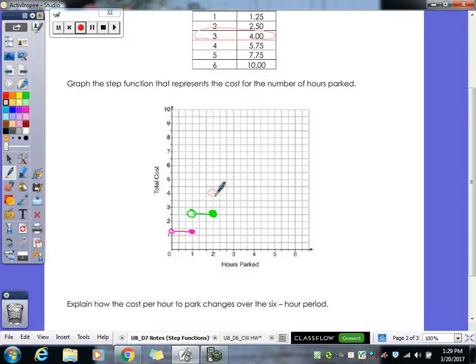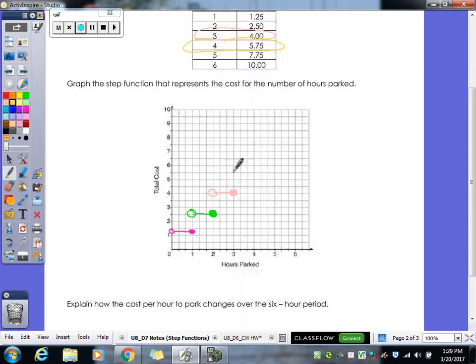Open circle on the 4, closed circle. The next one, a minute over 3 hours, up to 4 hours, we're paying $5.75.